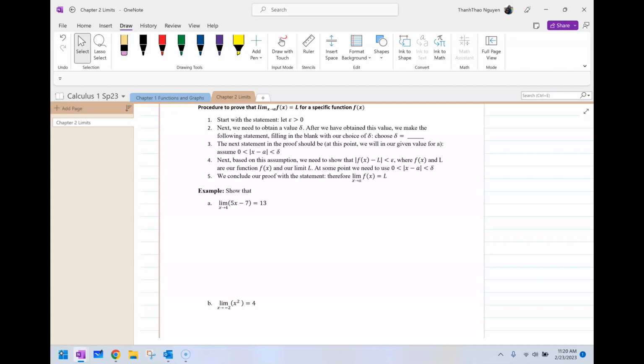Okay, so this looks like a lot of different definitions, but how does this actually work? First we'll start our statement, and this is always the statement that we have.